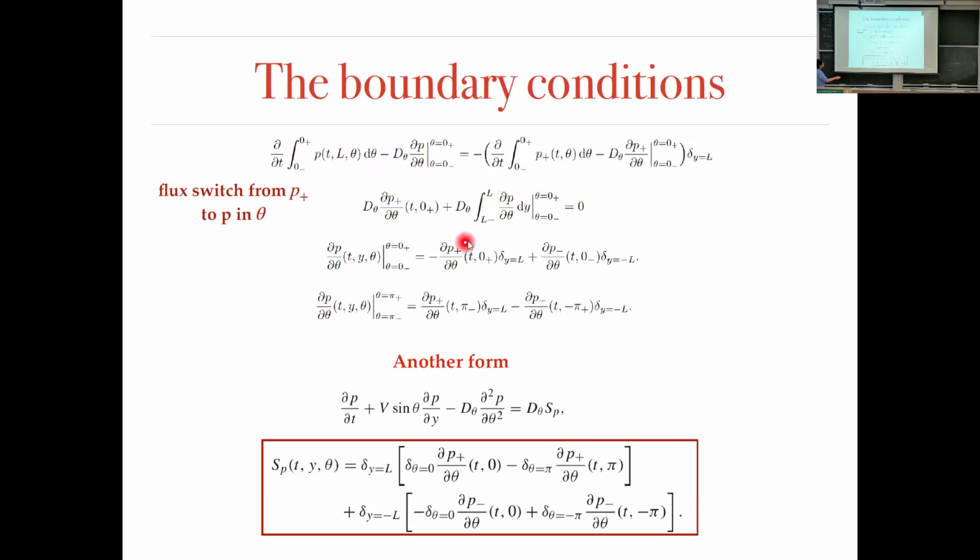And this is why, for the flux inside the domain at the place where theta equals 0, there will be some particles switching from those attached to the boundary to those inside the boundary.